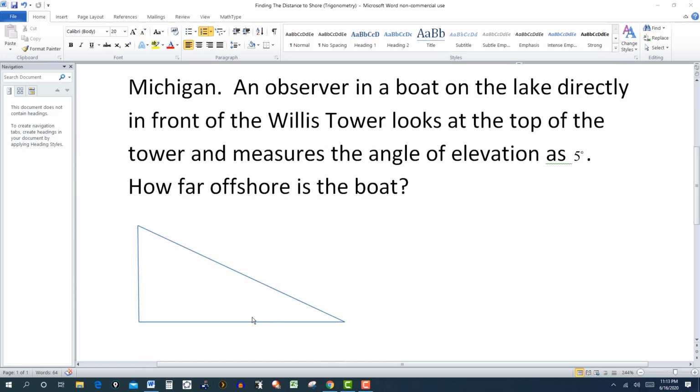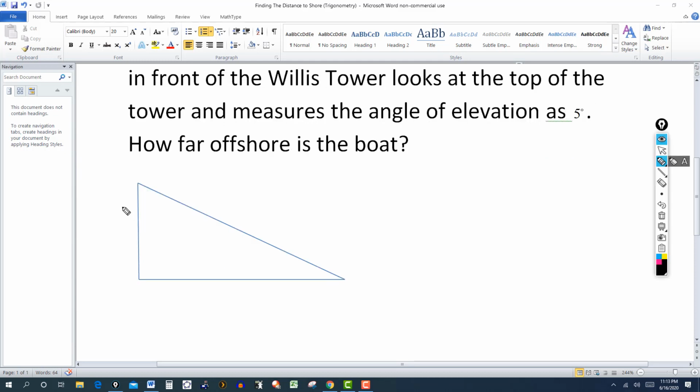So let's draw a triangle here. Let's suppose that this side right here is the tower. And it's inland, about a mile from the shore. So let's say this is 1 mile.